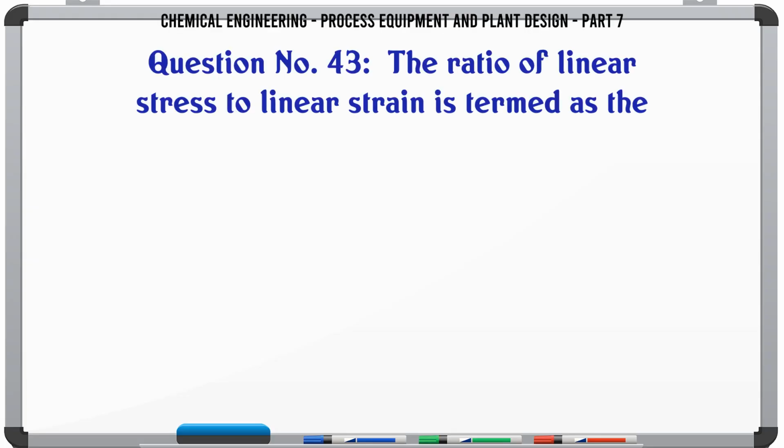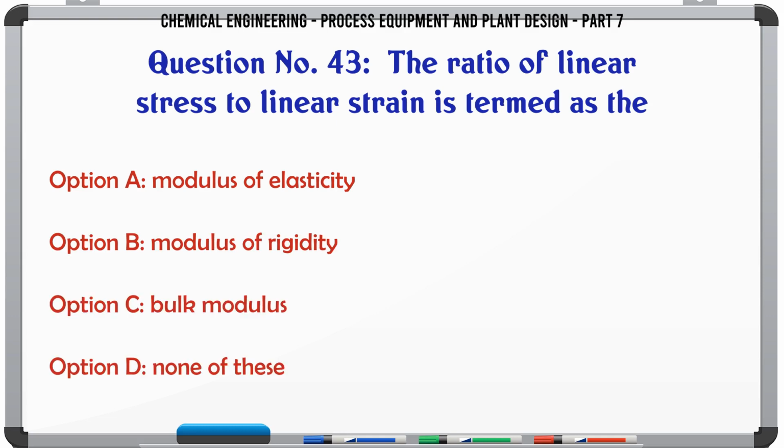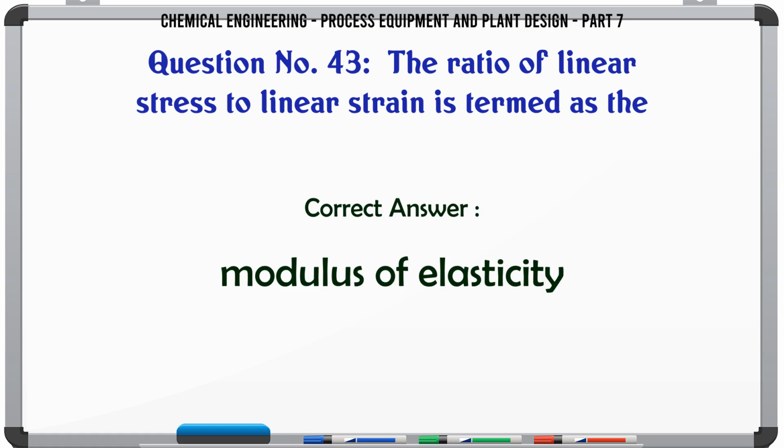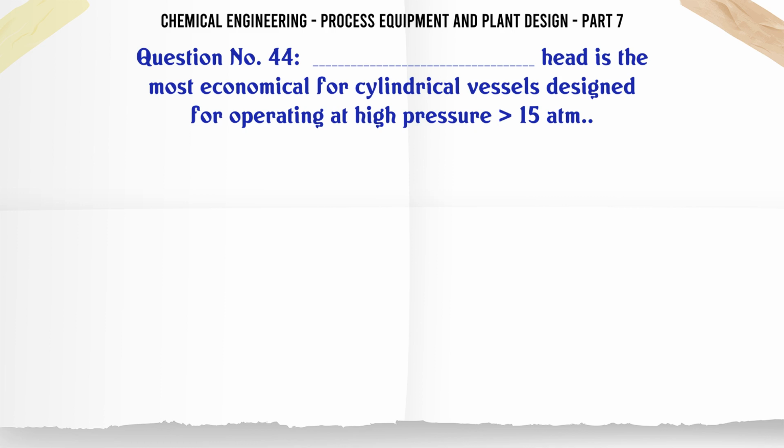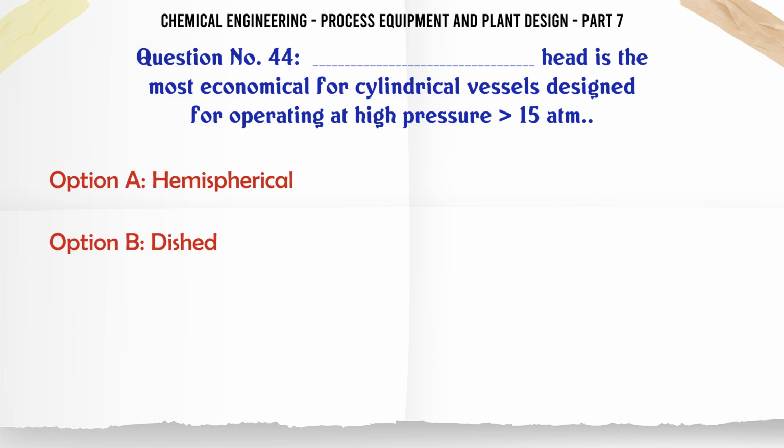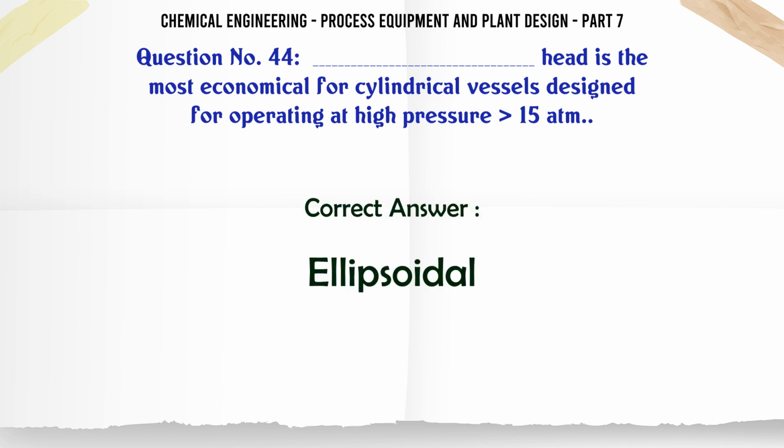The ratio of linear stress to linear strain is termed as the A. Modulus of elasticity, B. Modulus of rigidity, C. Bulk modulus, D. None of these. The correct answer is modulus of elasticity. Head is the most economical for cylindrical vessels designed for operating at high pressure, 15 atm. A. Hemispherical, B. Dished, C. Ellipsoidal, D. Conical. The correct answer is ellipsoidal.